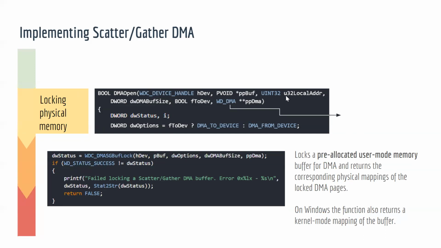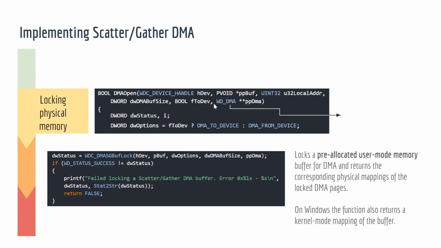Again, talking about we have the local addresses reference, but what is interesting here is the WD DMA. Okay, so we have the WD DMA structure, which will be used to store the DMA information. Okay, the WD DMA is where the DMA information will be stored.